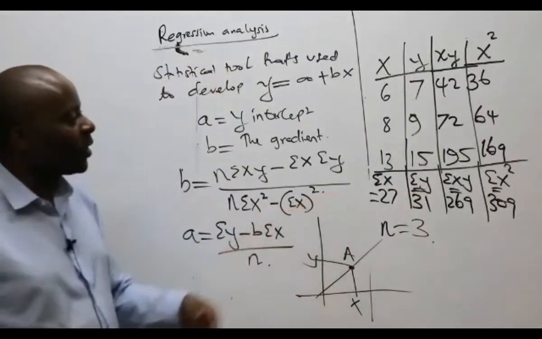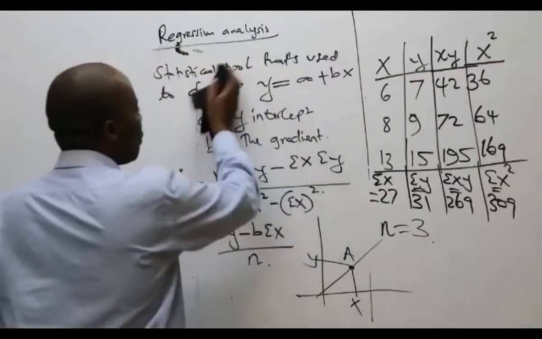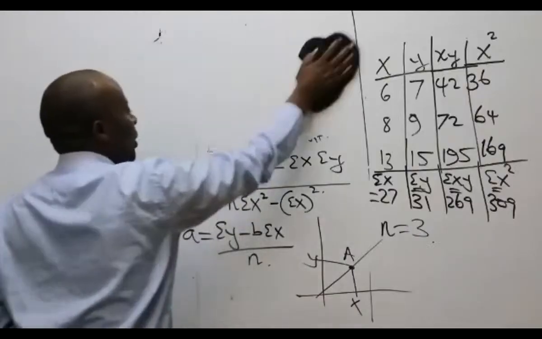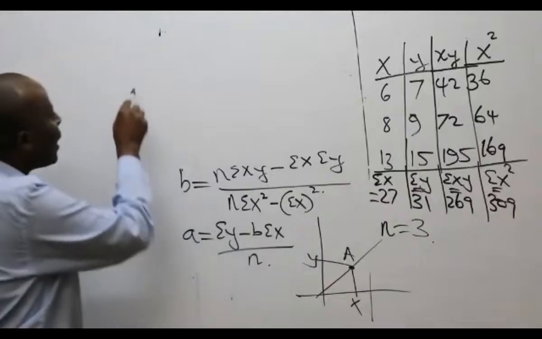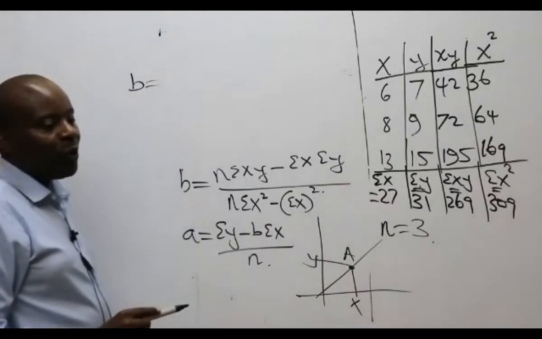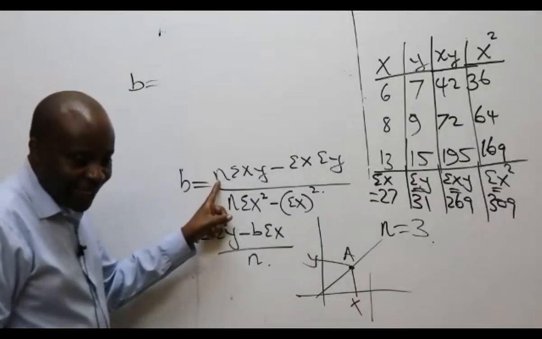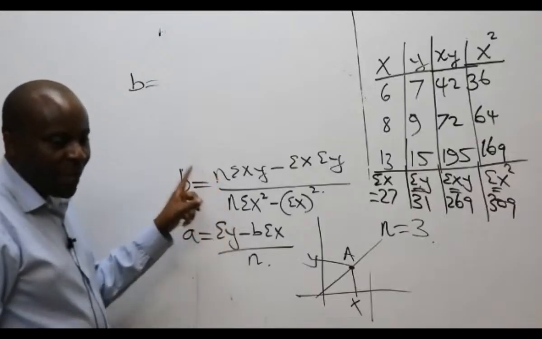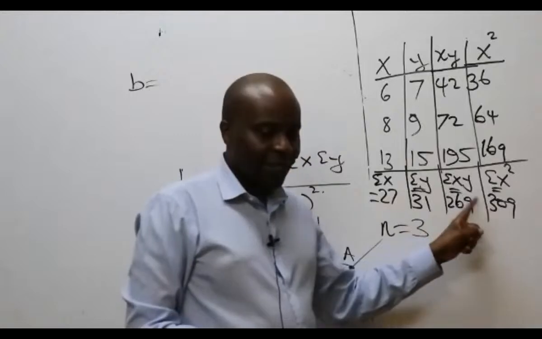Ladies and gentlemen, the next thing now is to plug in the values that we have in the formula. Please come and give me the value of B. What do we have here? Oh, Brian tells me to interchange 269 and 309.